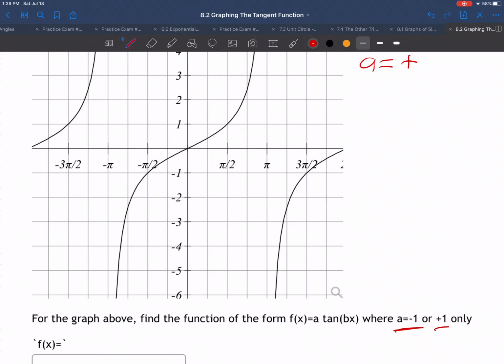And they told us it's either -1 or +1, so it must be +1. So far, we have the equation is +1 tangent bx. All we need now is the b.